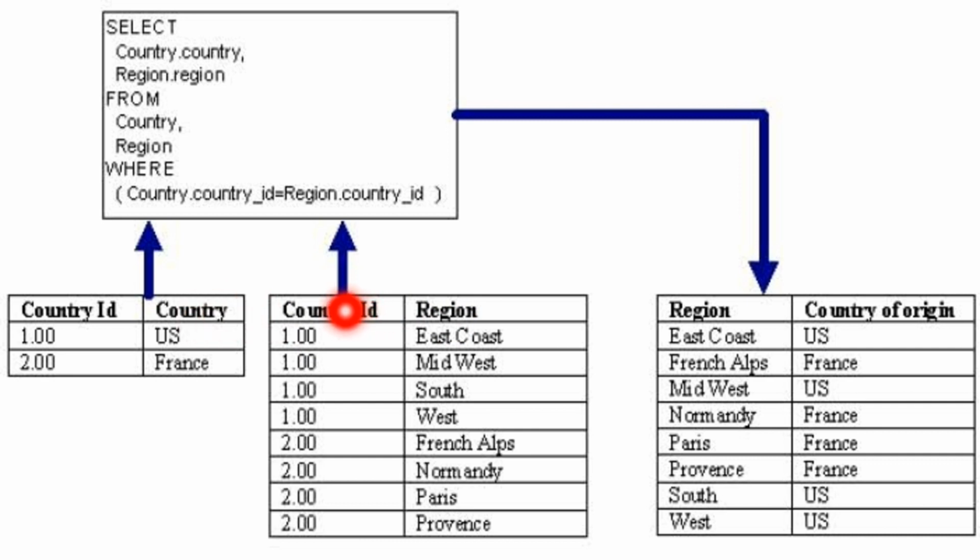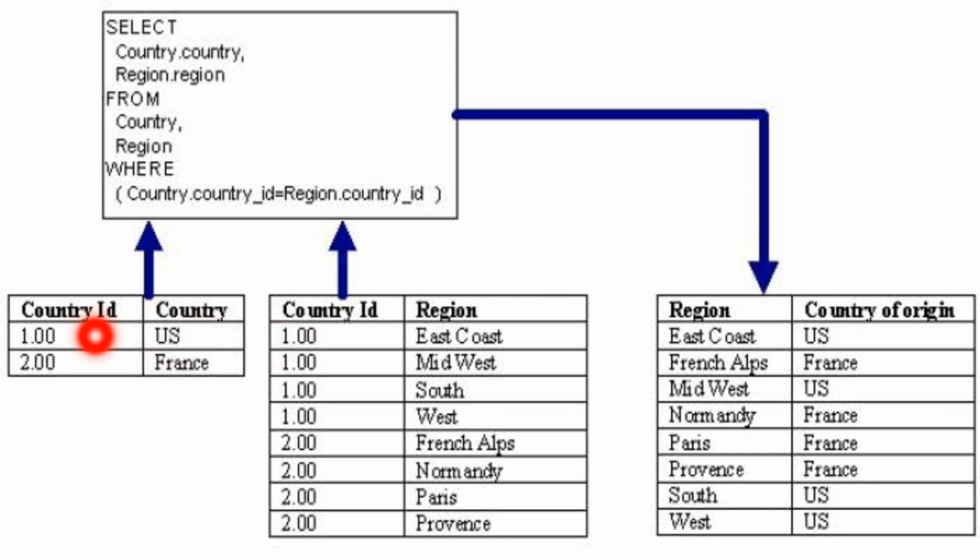From this we are going to select the country attribute from country and the region attribute from region, where this country ID is equal to this country ID. Where it is equal, that alone will be displayed in the output.